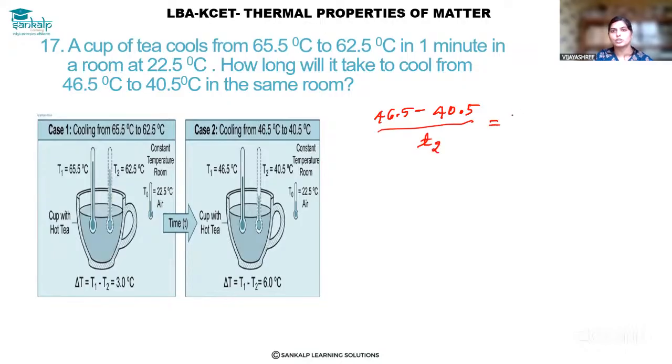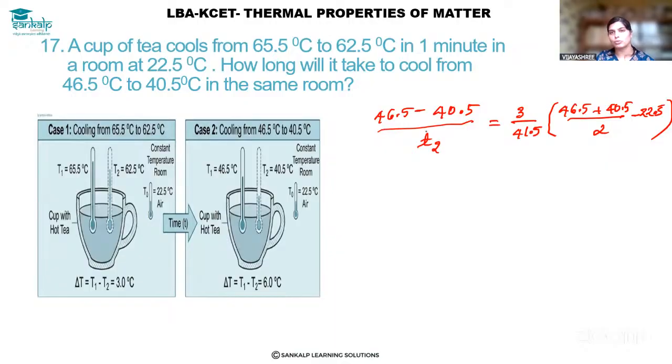K is 3 by 41.5 into 46.5 plus 40.5 divided by 2 minus 22.5, right? Now we can simplify this.